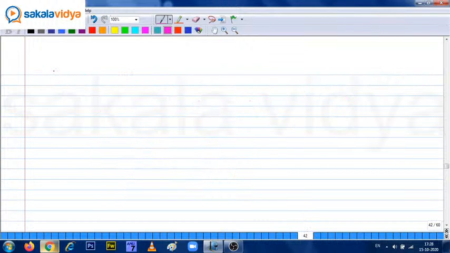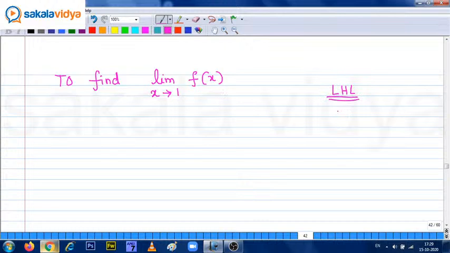Next, to find the limit as x tends to 1. For example, LHL means x tends to 1 minus, that is x less than 1.